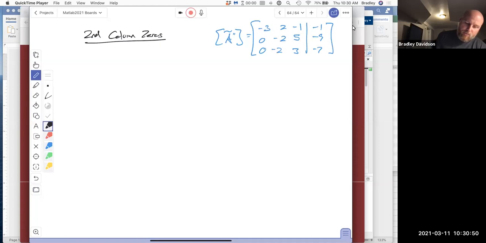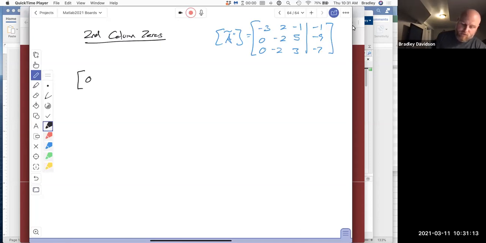And so to do that, we are now going to use our second row as our instrument to eliminate the second column coefficient of the third row. Right, so we're trying to get rid of this -2. And so you do that by writing down the row that you're using.